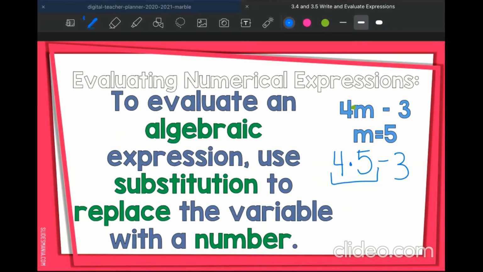What is 4 times 5? 20. Bring down my minus 3. And finally, I can do 20 minus 3, which is? Good job, Kaden. This isn't that bad, right? No, substituting isn't that hard.